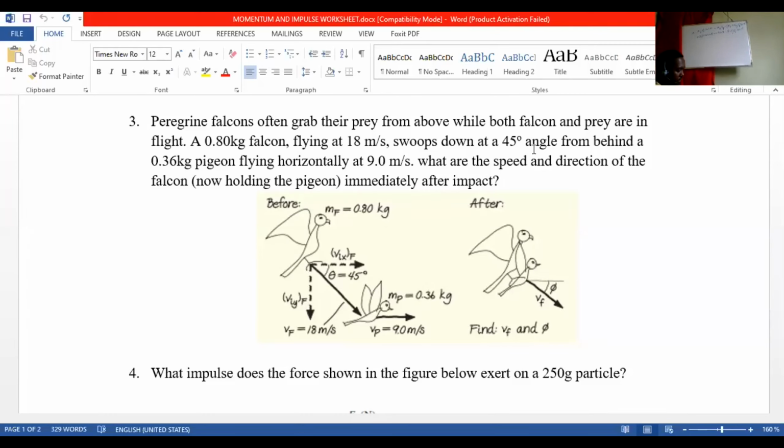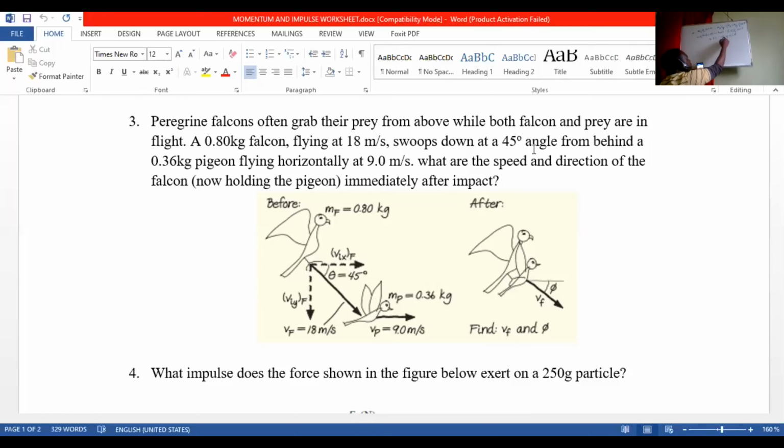So let's simplify this first. On the left-hand side, cos 45 is 0.707 times 18 times 0.8, and we get 10.18, plus 9.036. So the left-hand side equals 14.22, which equals 1.16 VF cos the angle.